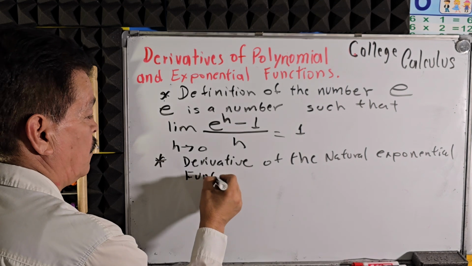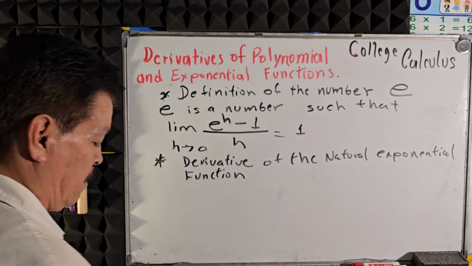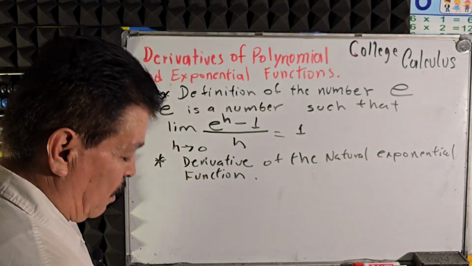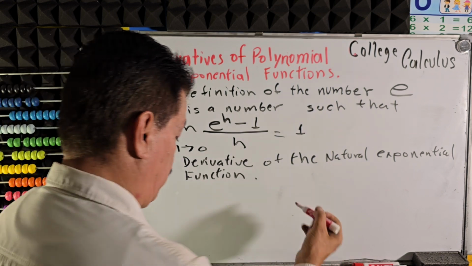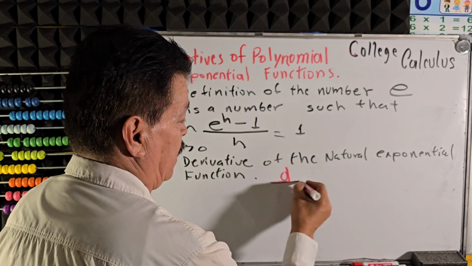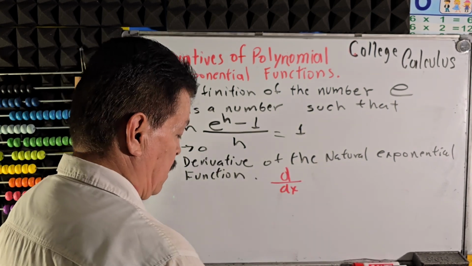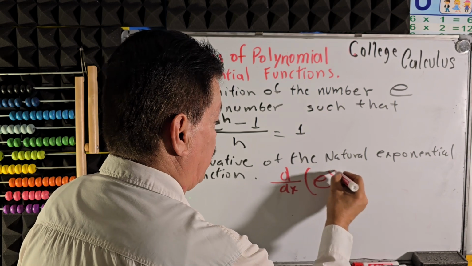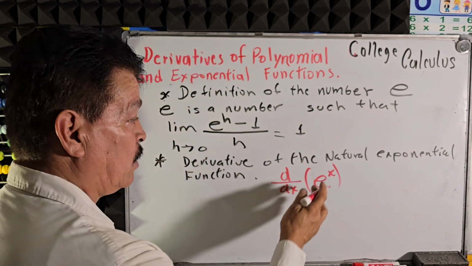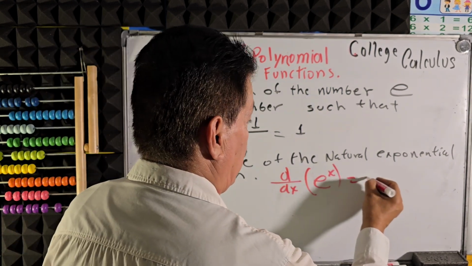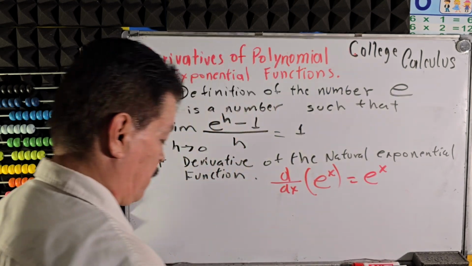So how do we write the derivative of the exponential function? We write d divided by dx of e to the x power is equal to e to the x power.